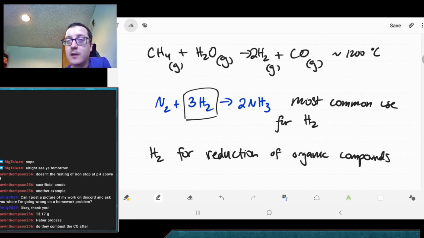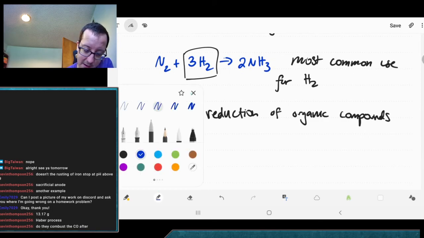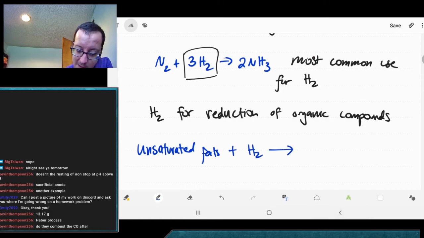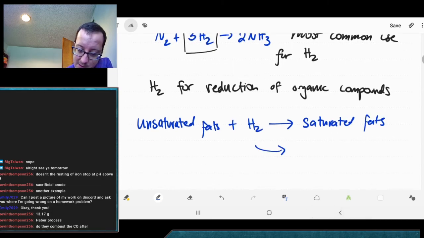Perhaps most, I don't want to say unfortunately, but we can make unsaturated fats into either saturated fats or into trans fats.